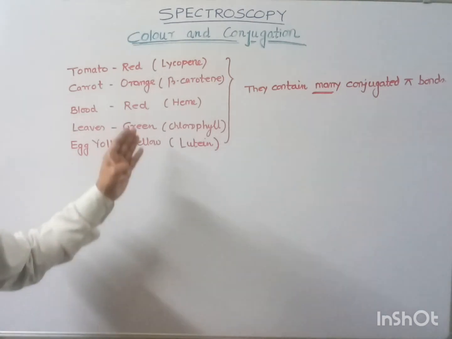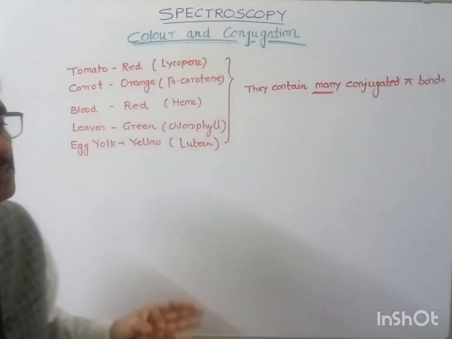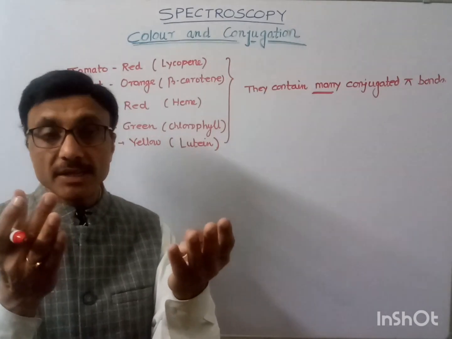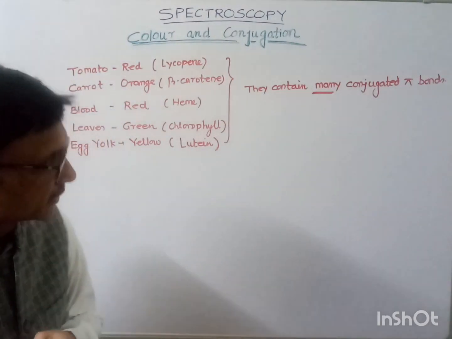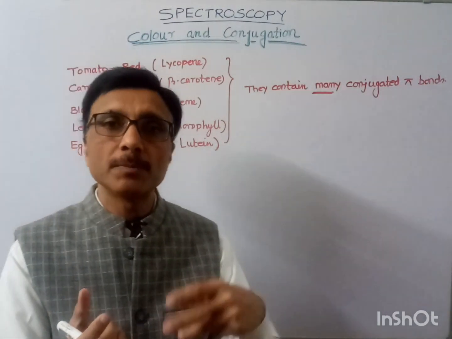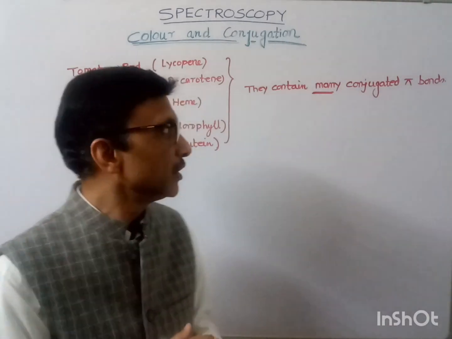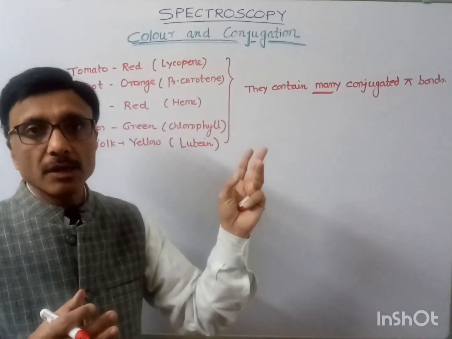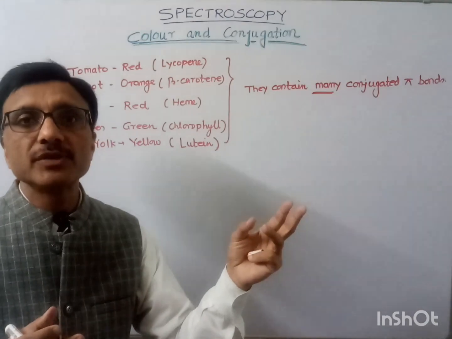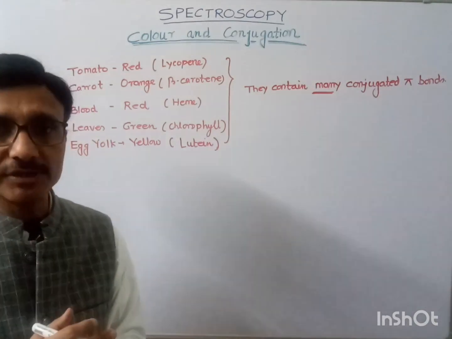Okay, so these substances absorb some light, and after absorbing the light, the complementary color appears. They absorb electromagnetic radiation which falls in the visible region.